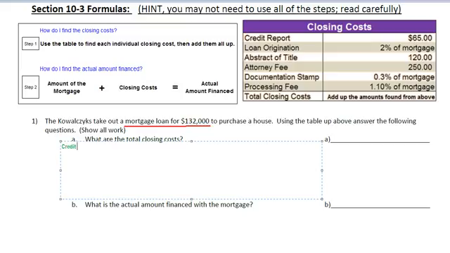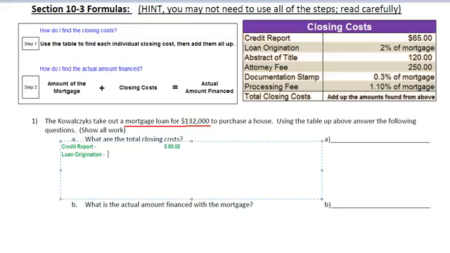Well, the first one is the credit report. Now, for the credit report, it's going to cost $65. We then have the loan origination fee. Now, the loan origination fee is kind of different because what we have to do is multiply.